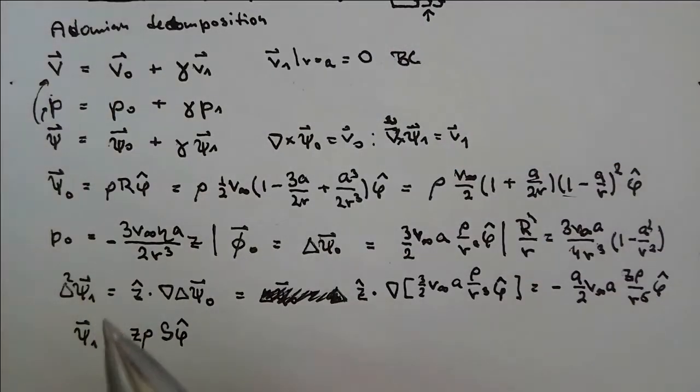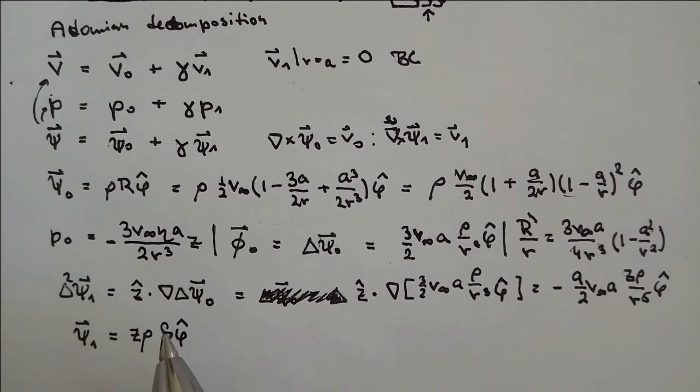Again, velocity is the curl of this, and the curl takes the derivative. It's really a trivial thing to think about, and the derivative will be here, here, here, and here. This will vanish immediately when s and s prime vanish at r equal to a.